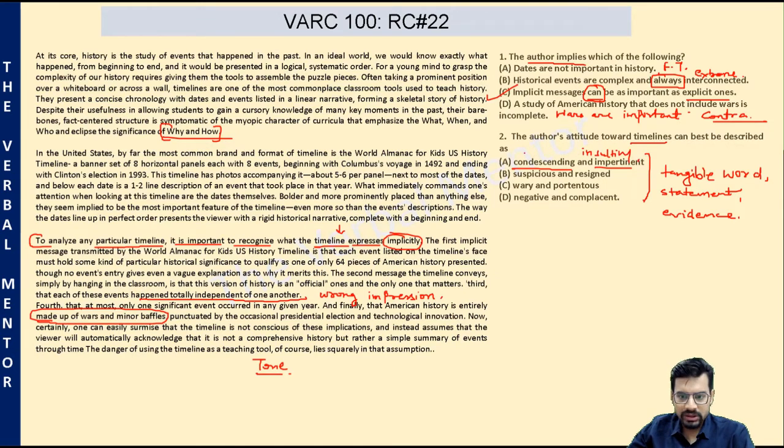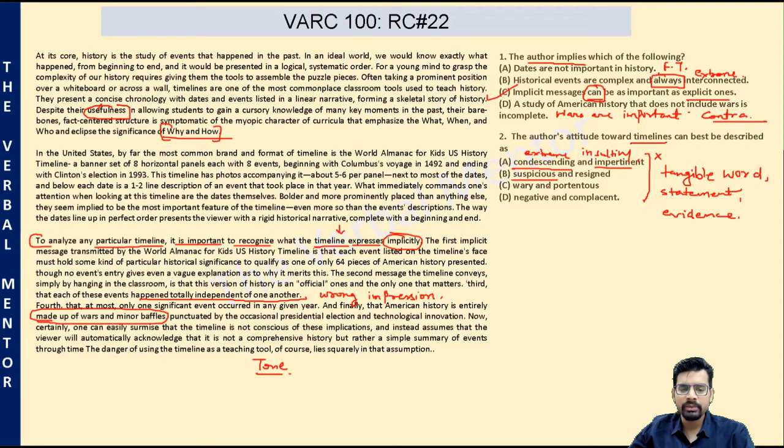This is extreme, because author does say in the first paragraph here that they are useful. So he does agree that they are useful, but despite their usefulness, they are insufficient. So he's not outright insulting them. He's not considering them totally contempt worthy. So extreme answer choice eliminated.